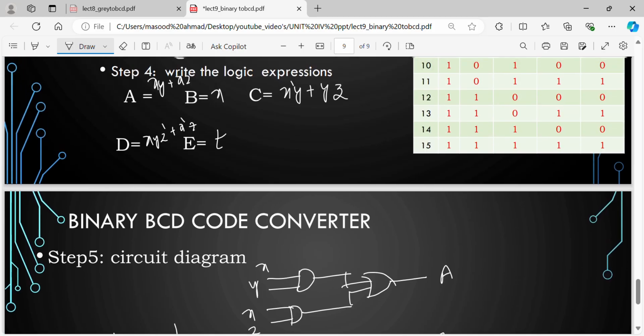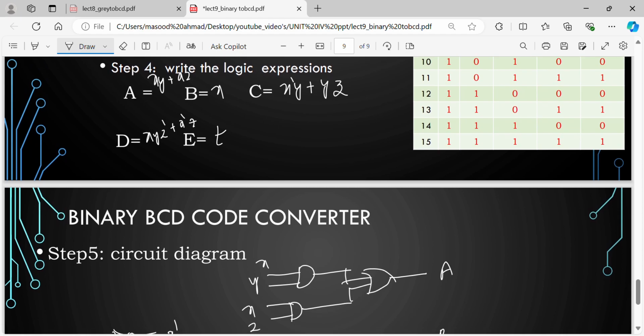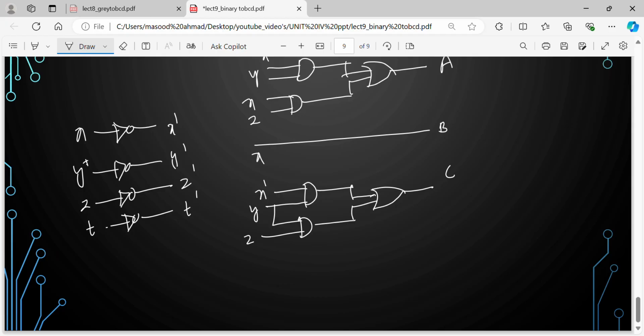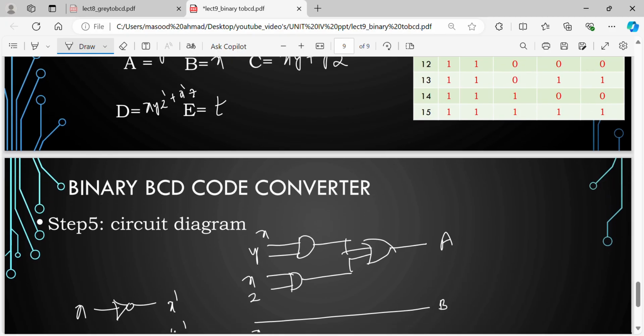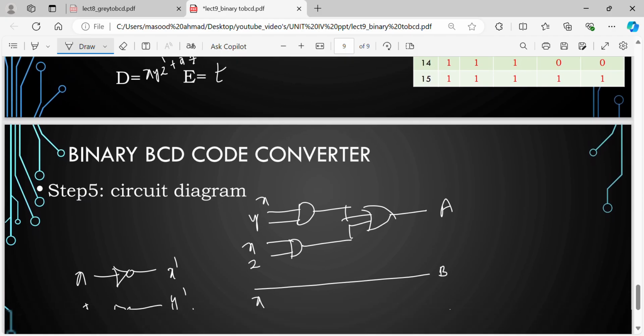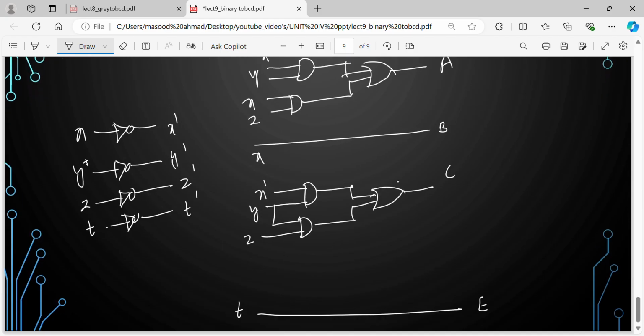Next, D is XYZ bar plus X bar Z. E is T, so for E I just take it from T. For D, we need XYZ bar, give it to an AND gate.